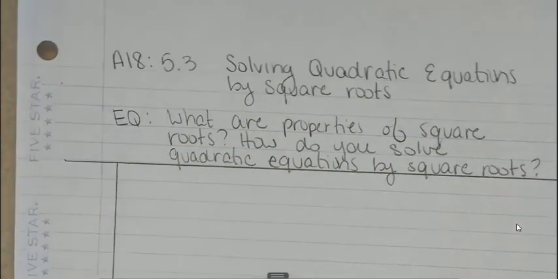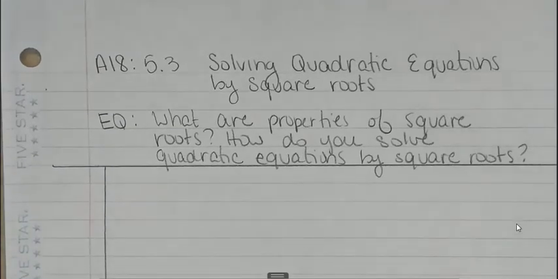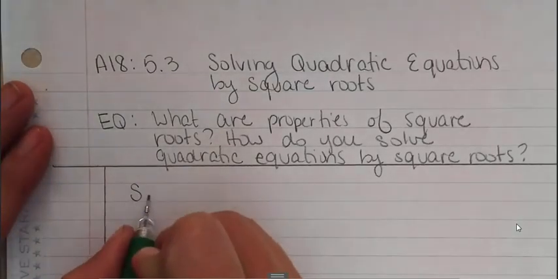All right, so far you've solved quadratic equations by factoring, and this is just another method that sometimes can be used. So let's review square roots and their properties, okay?